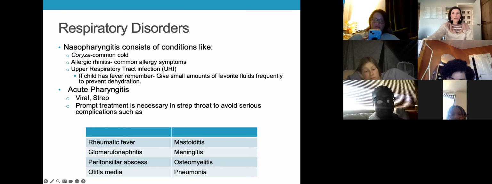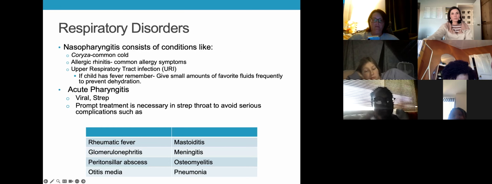So when we're looking at respiratory disorders, we have a bunch of them. Nasopharyngitis is going to be 3 different conditions. So coryza, which is our common cold, which is what I had last week, which is why I sounded great. Allergic rhinitis, which is going to be your normal allergy symptoms.